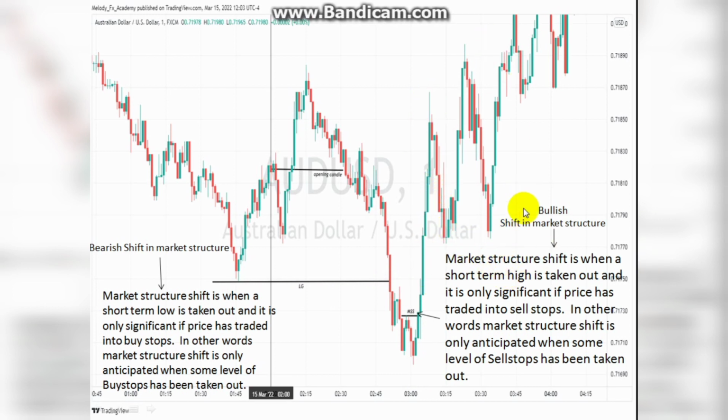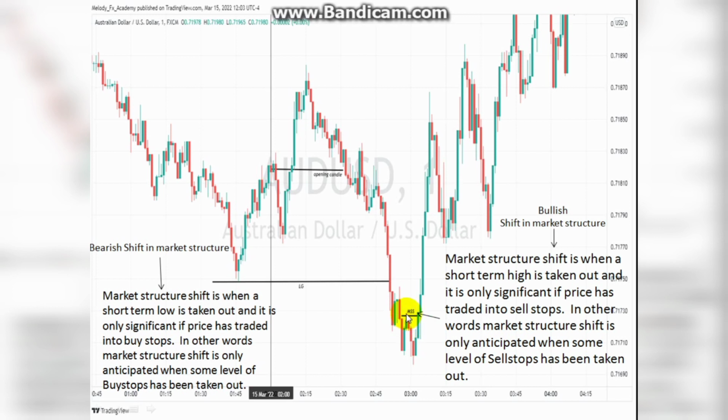Now this brings us to our main topic for this lesson, which is market structure shift, or shift in market structure. What is a bullish shift in market structure? A market structure shift is when a short-term high is taken out, which is this.